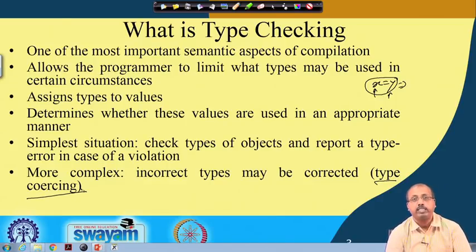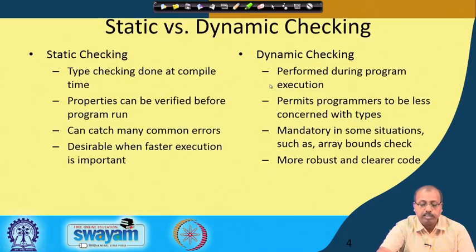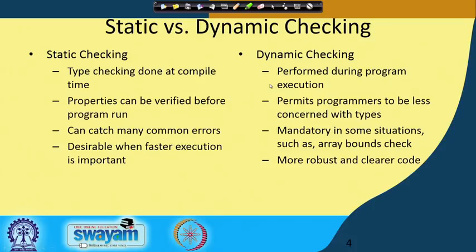This is more complex because the compiler designer needs to understand what the expected type is and how to do the conversion. So, doing it correctly may also be a challenge. Okay, next we will be looking into static versus dynamic checking.